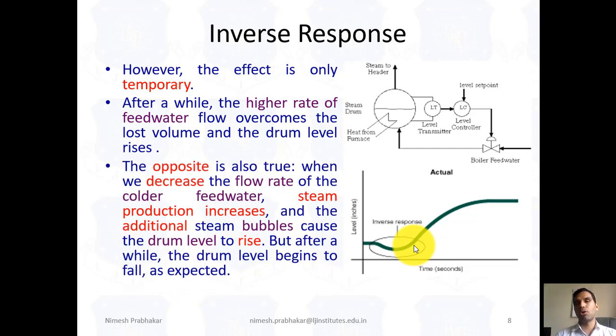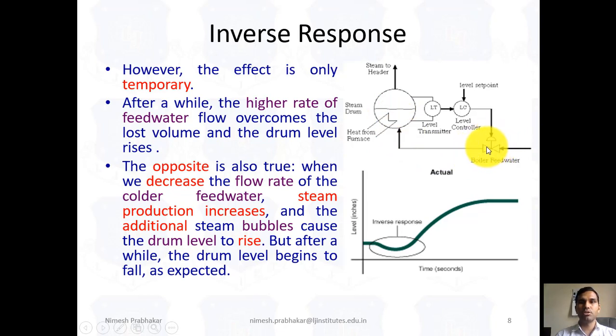The opposite is also true. That means when we decrease the flow rate of the cold feed water, the steam production increases. Here this is the flow water controller, and this is the inlet water we add by using this valve.